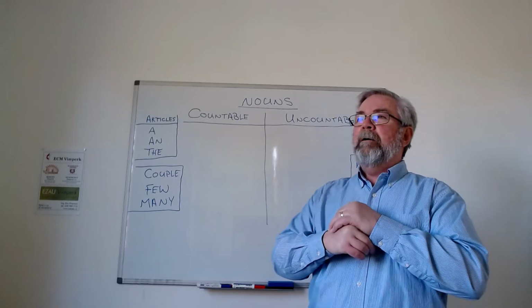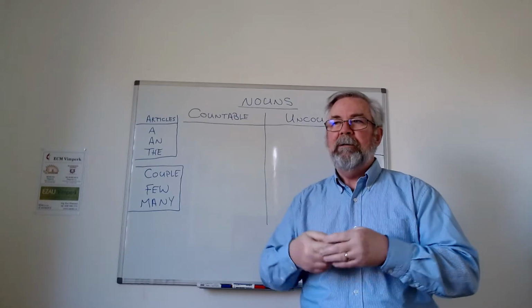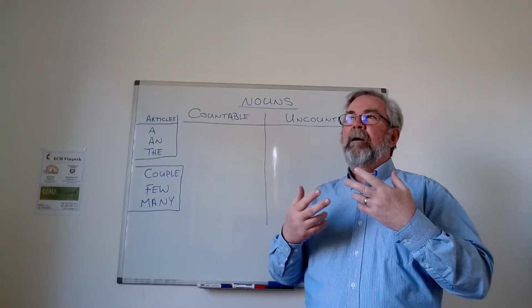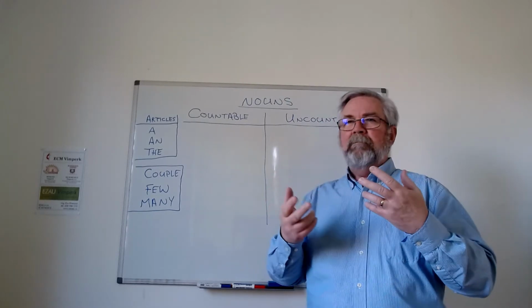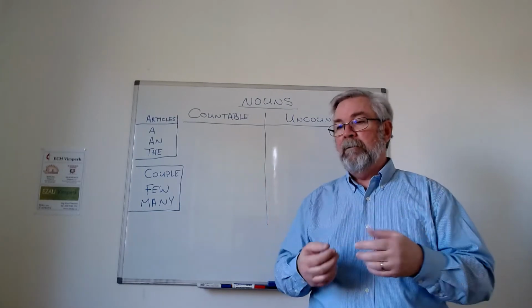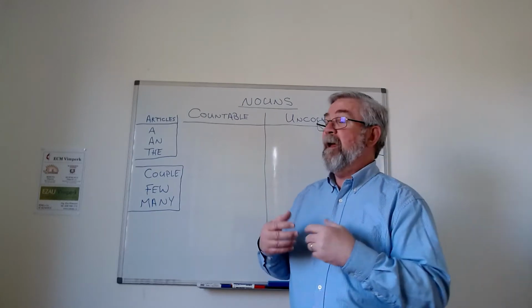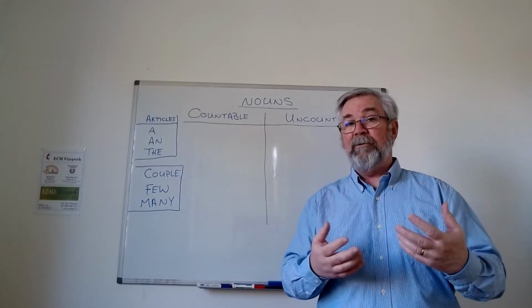Things are like apples, balls, objects, sugar, water, beer. Okay, for example. Those are all nouns.